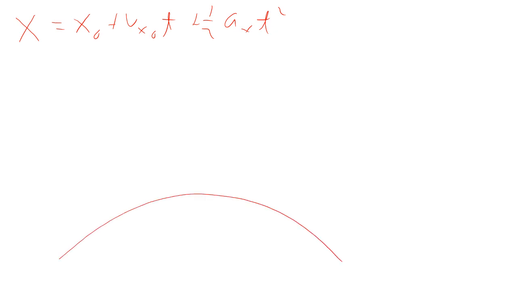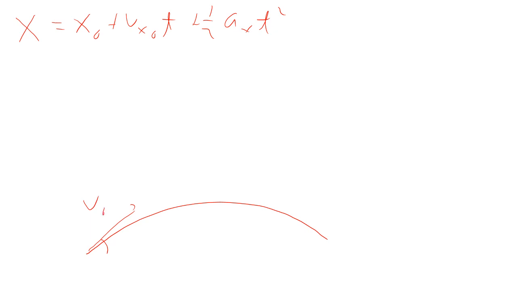Okay, so x equals x naught plus vx naught t plus 1/2 ax t squared. If the ball is doing this, then v naught is 36.6 meters per second at 50 degrees.